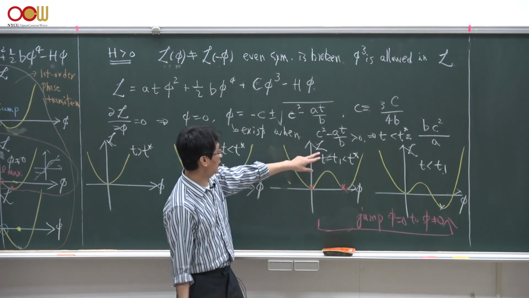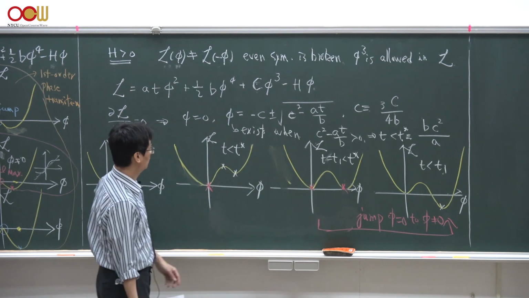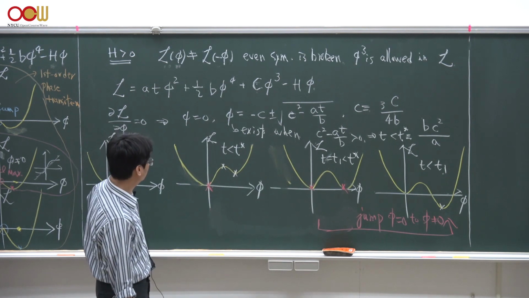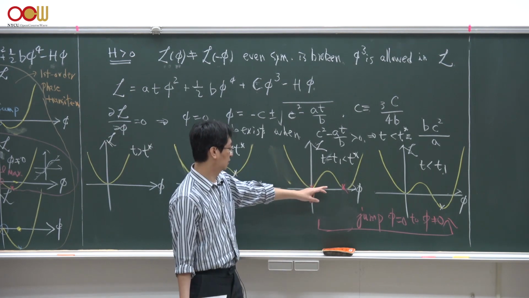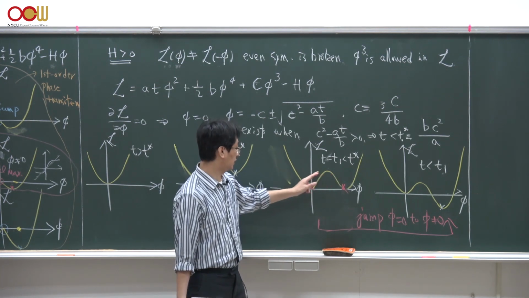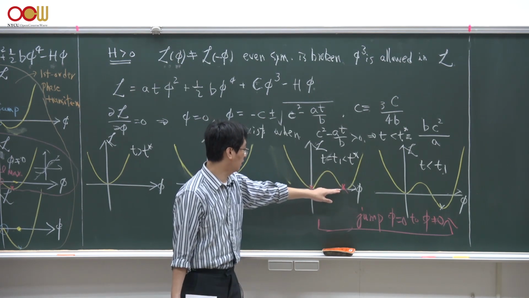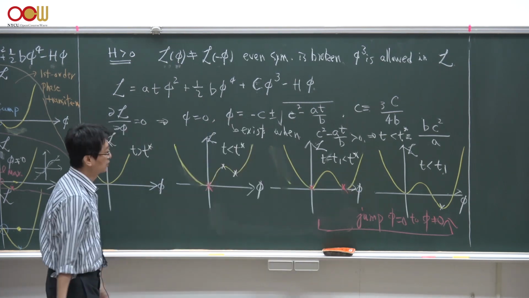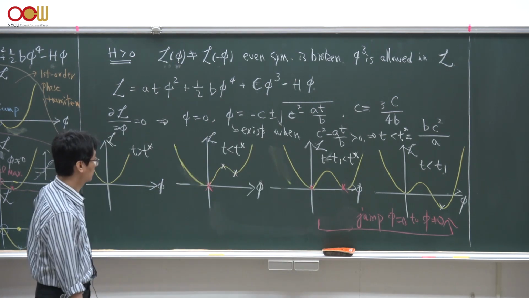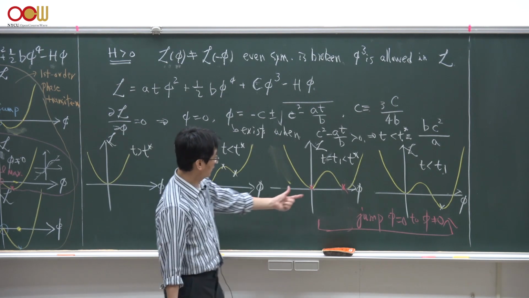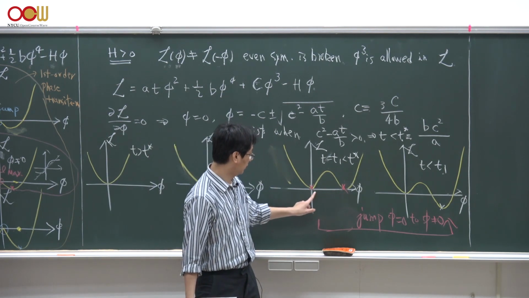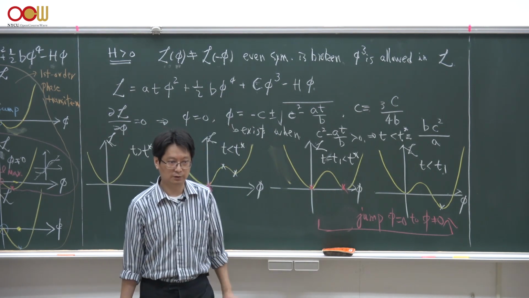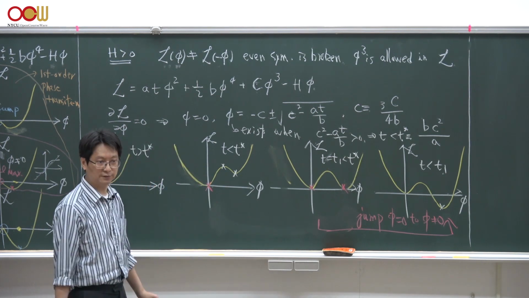Then you can change your little t to an even lower temperature, so that the second dip comes down to touch the horizontal zero of the Landau free energy, and this minimum is degenerate with the global minimum at phi equals 0.